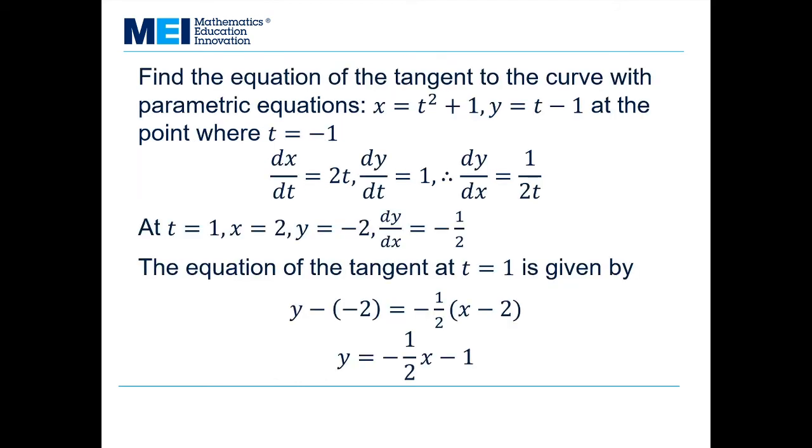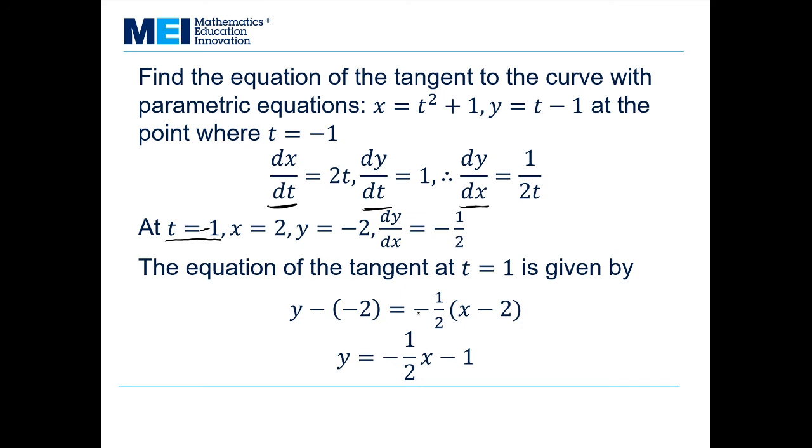Let's just look at that written out neatly. I started off by working out dx/dt, dy/dt, and using those to find dy/dx by dividing this by this. Then I looked at the particular point I'd been asked to find, which was t equals negative 1. And I found that x was 2, y was negative 2, and dy/dx was negative a half.